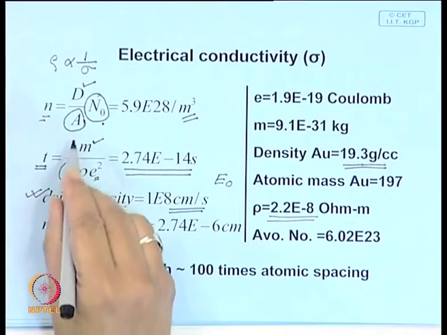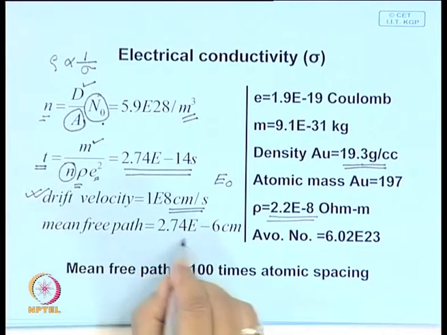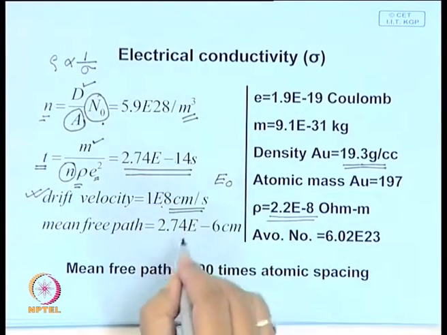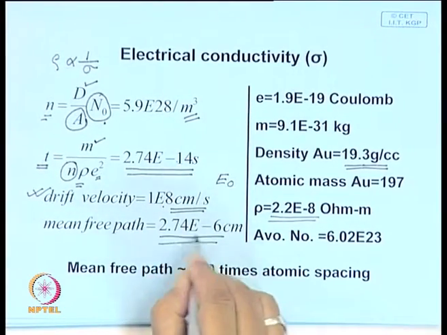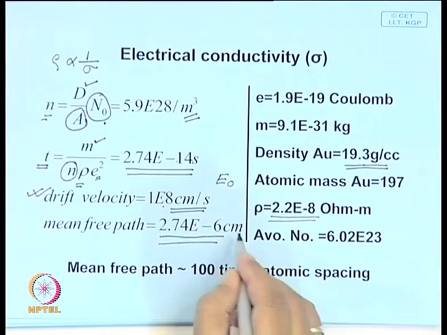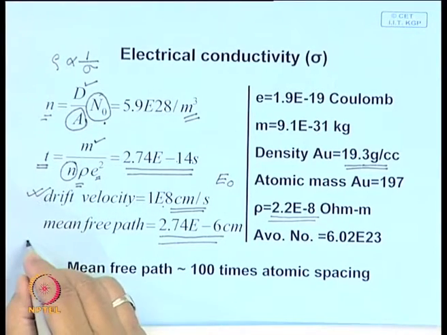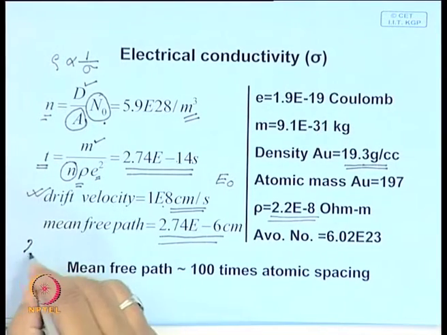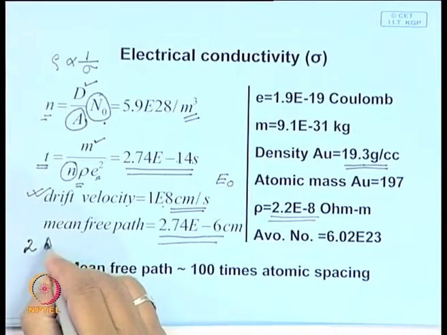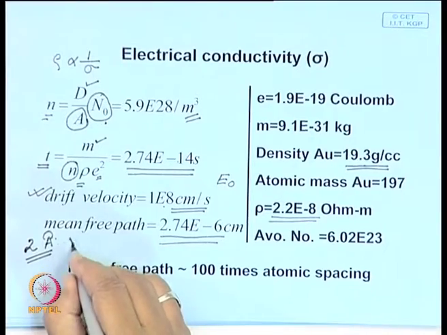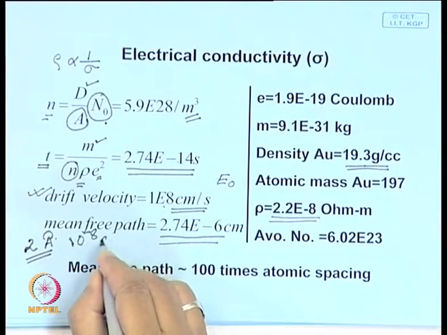So, the mean free path of this electron, if you multiply this and this, is of the order of 10 to the power minus 6 centimeter. The atomic distance for most crystalline structures is of the order of 2 angstrom, and angstrom means 10 to the power minus 8 centimeter.